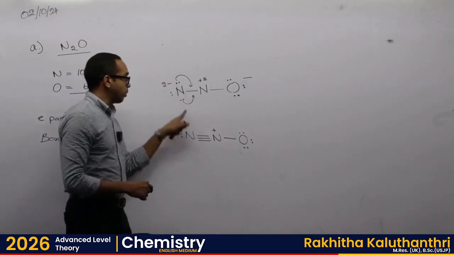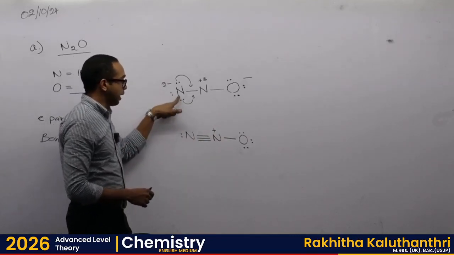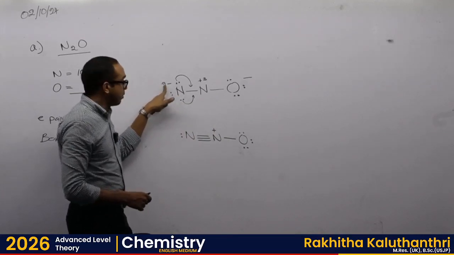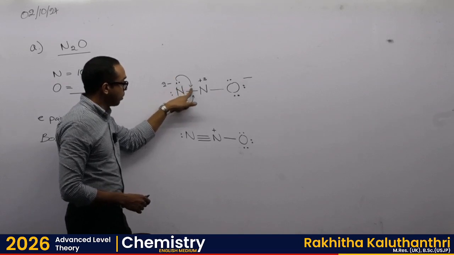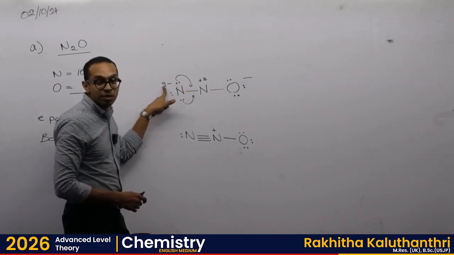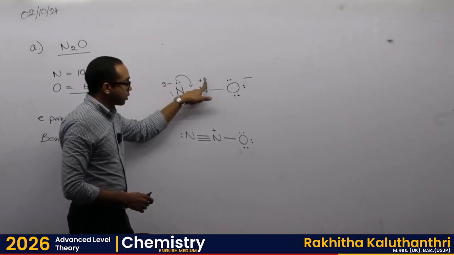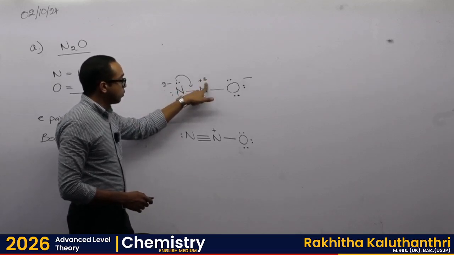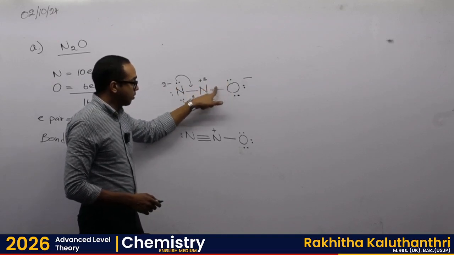Now there was a reason for me to convert both the lone pairs from nitrogen here, because there were 2 negative charges here, right? When I convert one lone pair into a bond pair, 1 negative charge goes away and this 1 positive charge goes away, so this becomes 1 minus and 2 plus. So you would have thought, oh, I can convert one of these.